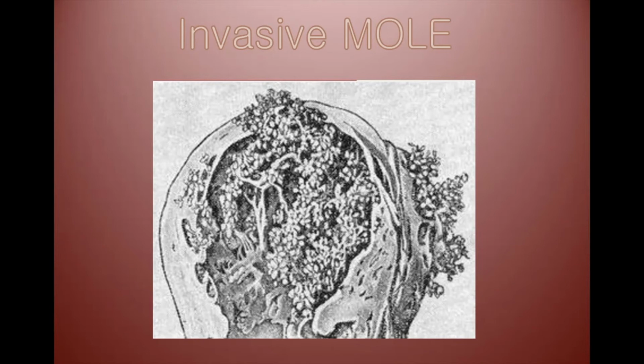It's kind of difficult to differentiate an invasive mole from other forms of gestational trophoblastic disease in imaging. During the ultrasound, it may be seen as an echogenic vascular mass invading the myometrium, and color Doppler interrogation will show high velocity and low impedance flow.